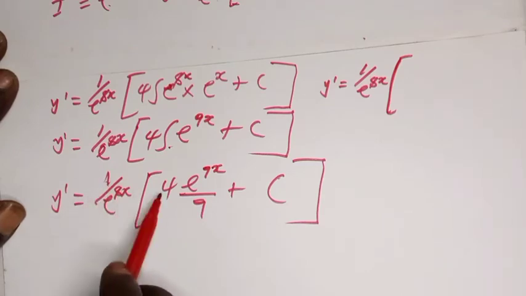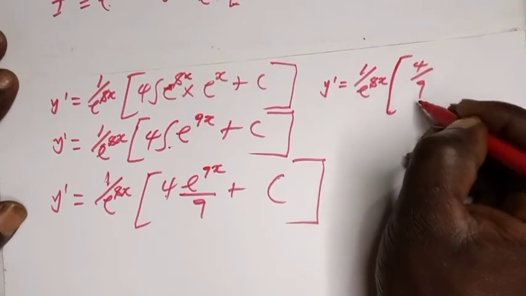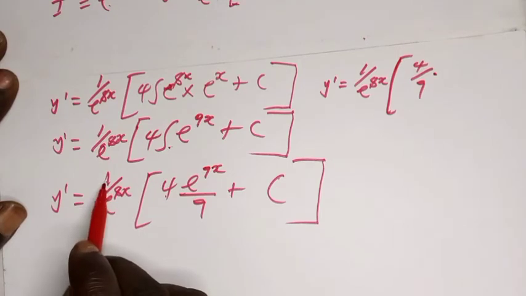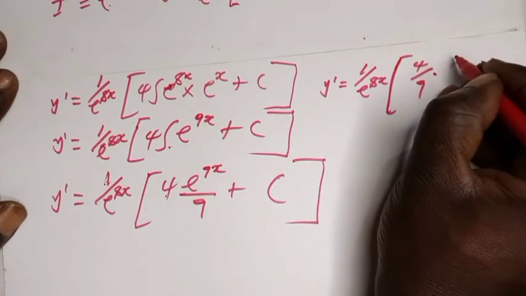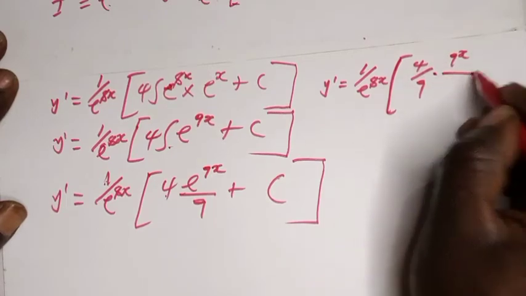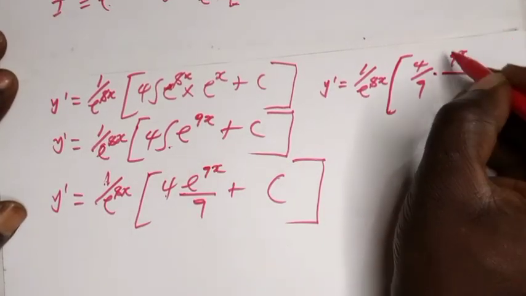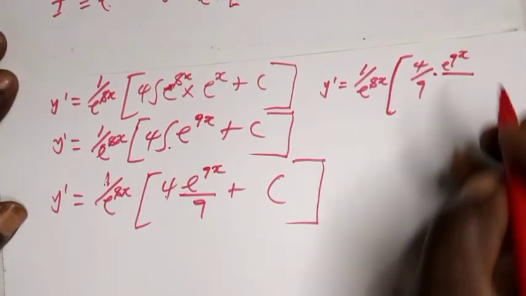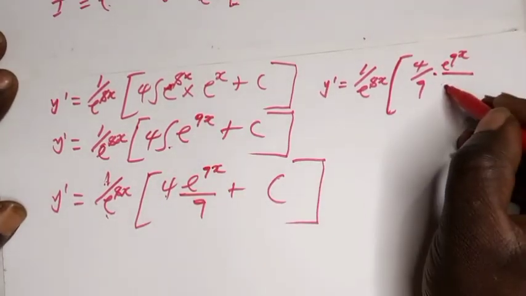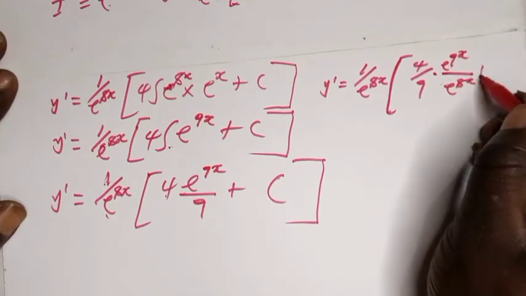We have 1 times 4, which is 4 over 9, multiplied by e power 9x over e power 8x, plus c.